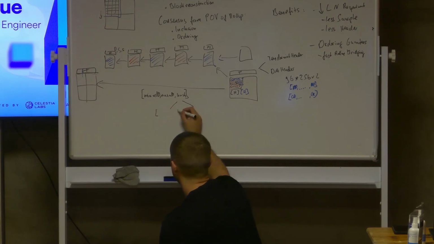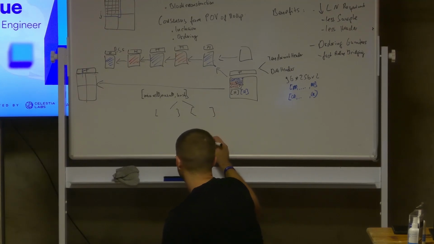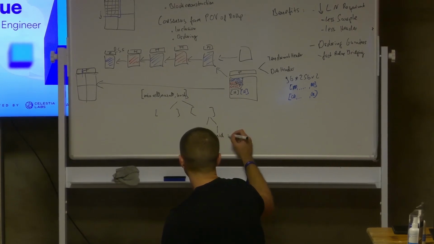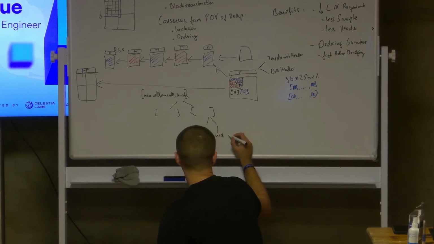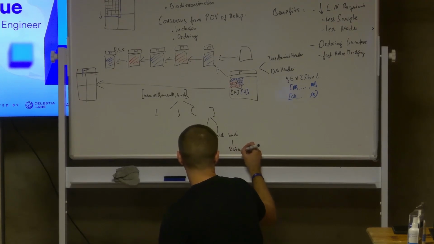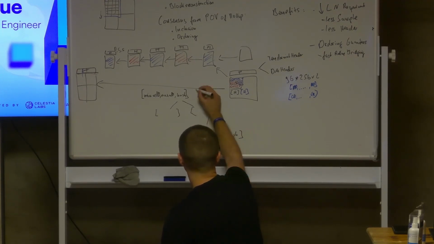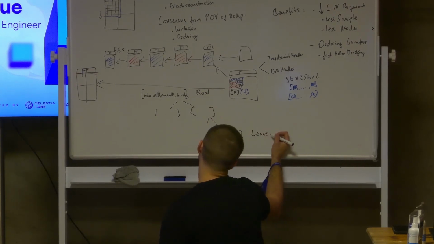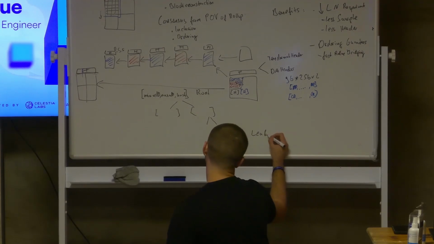And then you get another node, all the way until the end, where you have a leaf node which gives you the namespace ID and the hash of the data, I think. And this is the data. It's the root, and this is a leaf.